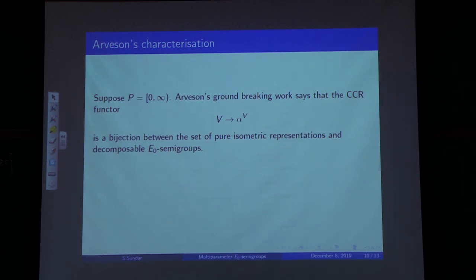You call that isometric representation pure if there is no unitary part, only a pure shift. So you know how decomposable E0 semigroups are in the one parameter setting. It is just alpha V, just the CCR flows.